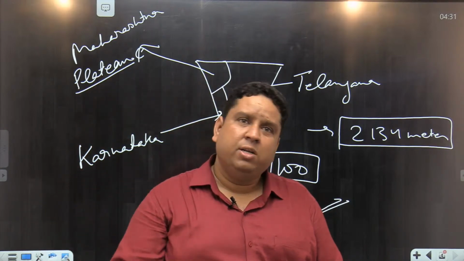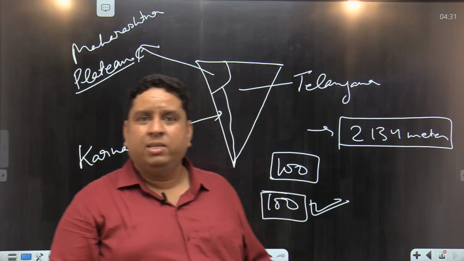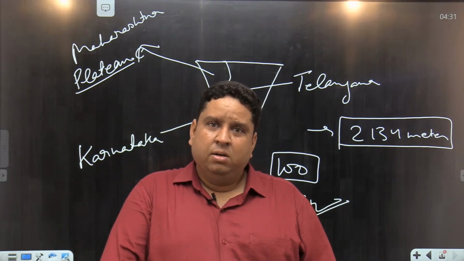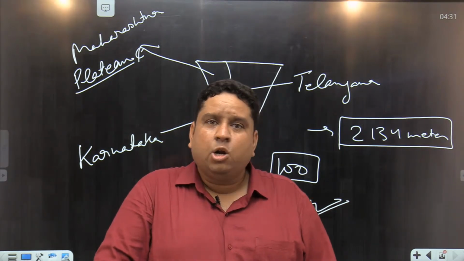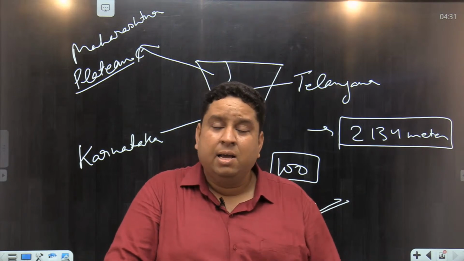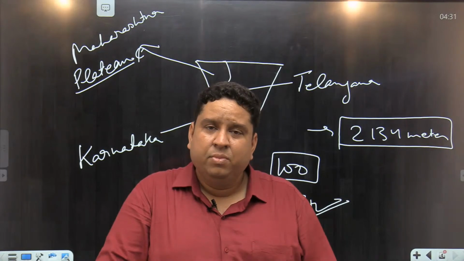This is primarily because the majority of South India is located to the south of the Tropic of Cancer. In simple words, it is lying in the tropical region. The tropical regions have comparatively high moisture or high humidity in their atmosphere, in their air.